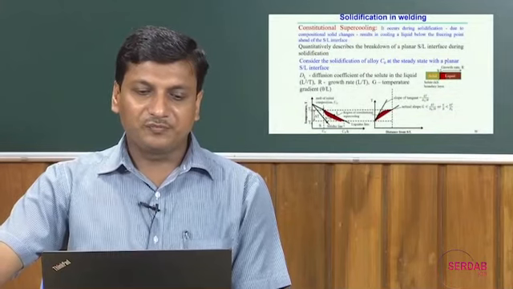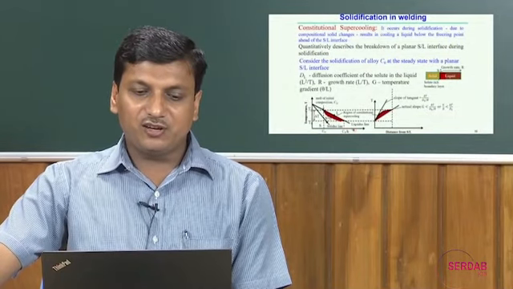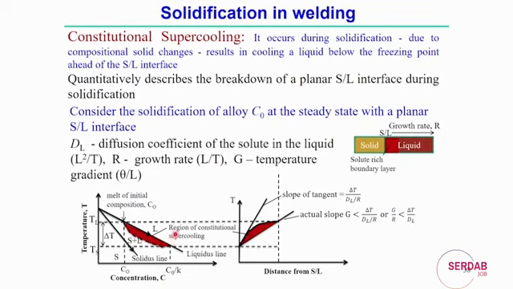And on the liquidus line, for the concentration of the alloy material, you can see C0 by K, where K is the ratio of CS and C0.